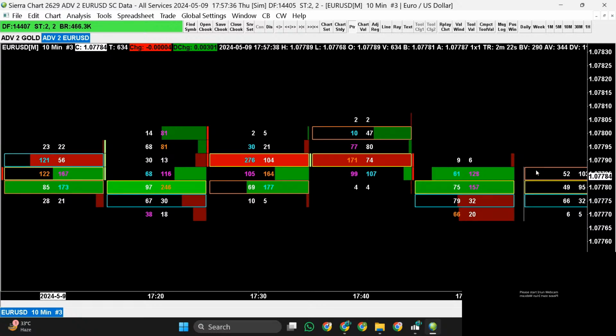So you can see in euro, buying volume is much more than selling volume, but still we have to wait and watch.